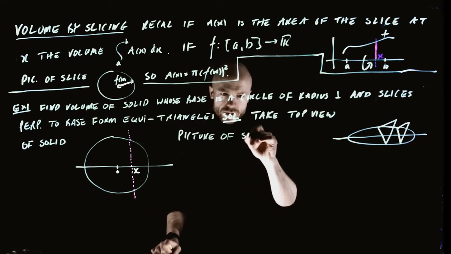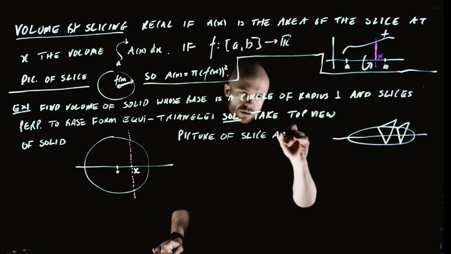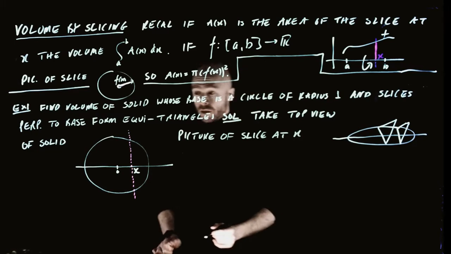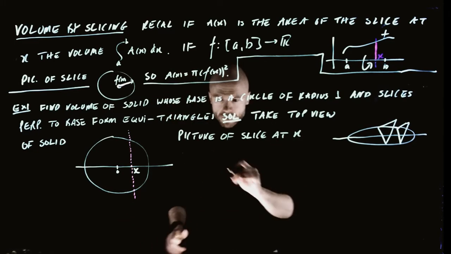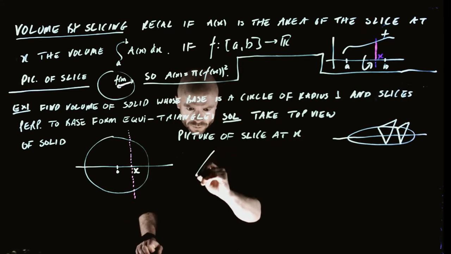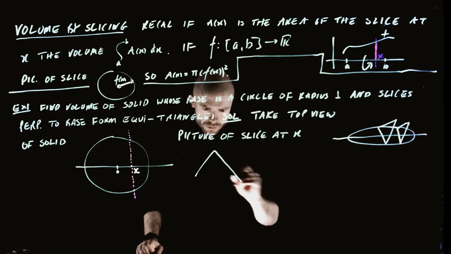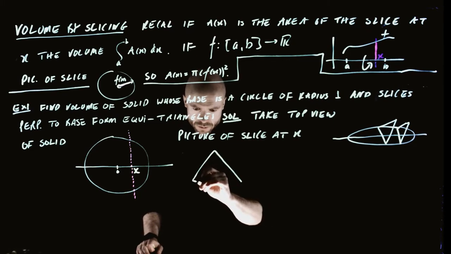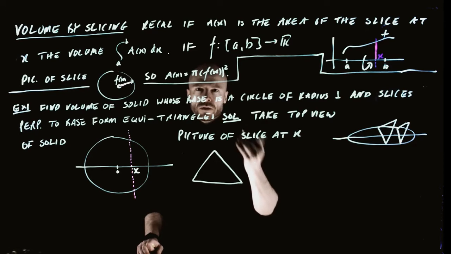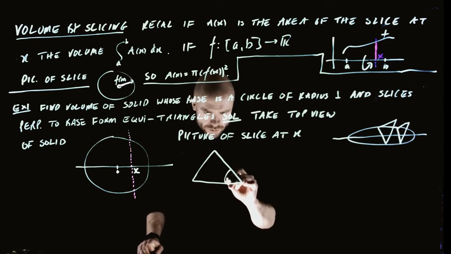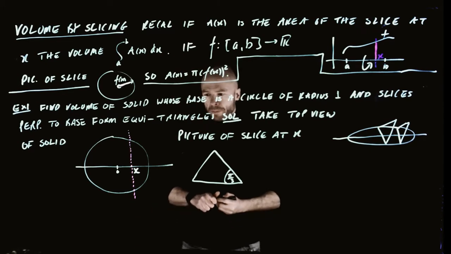So now, picture of the slice at x. Okay, so we're given that it's an equilateral triangle. So the internal angles add up to pi, so each angle of the corner is pi over 3.